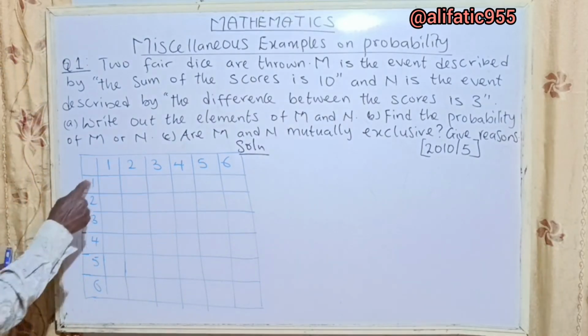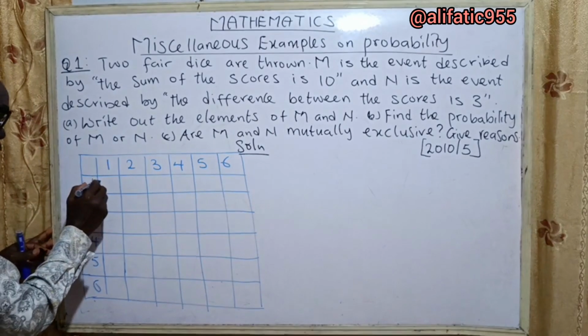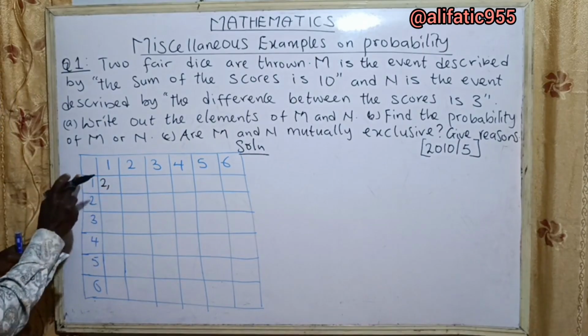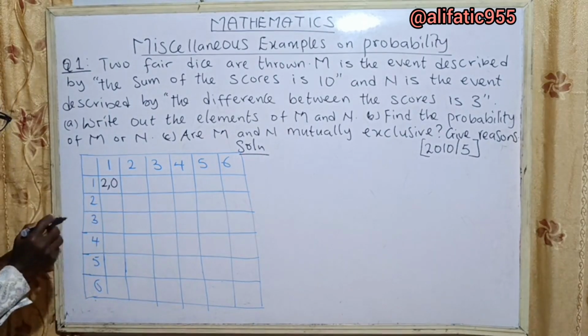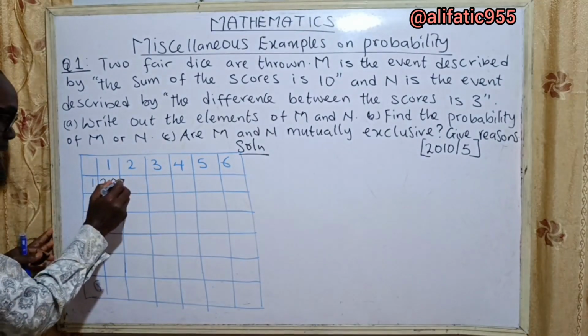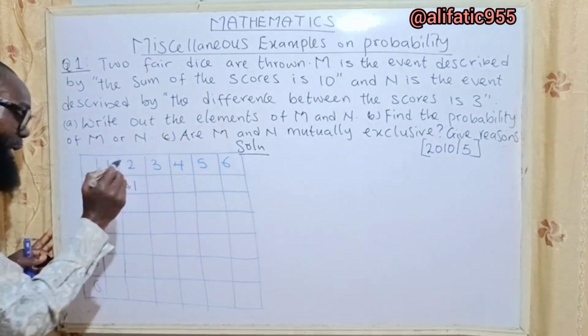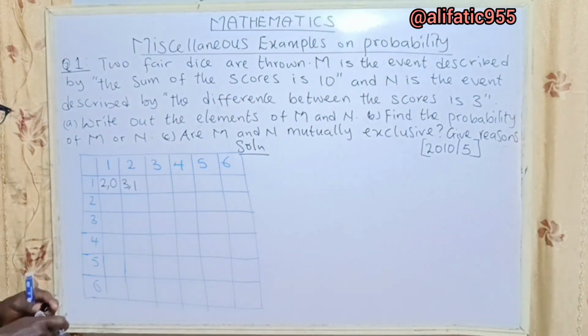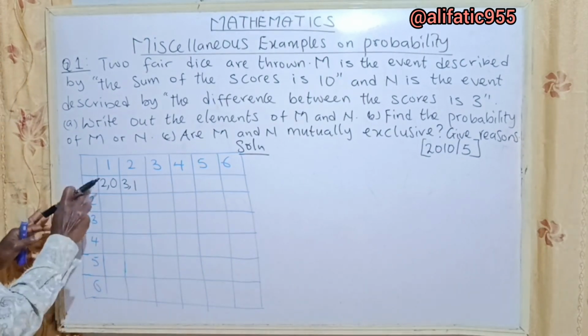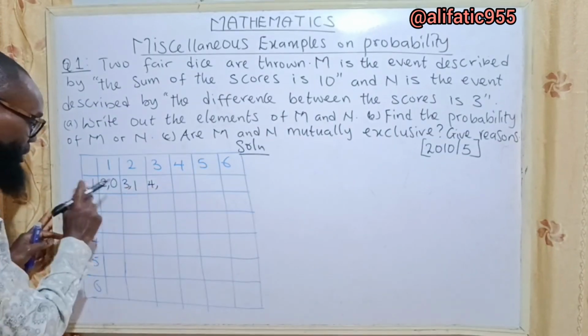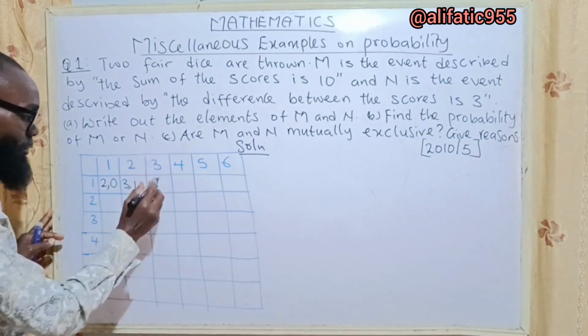So we have 1 plus 1, that's 2, and 1 minus 1 is 0. 1 plus 2 is 3, 1 minus 2 we have 1. Please, let us be writing the positive aspect, not the negative aspect. 1 plus 3 is 4. Take away 1 from 3, we have 2.